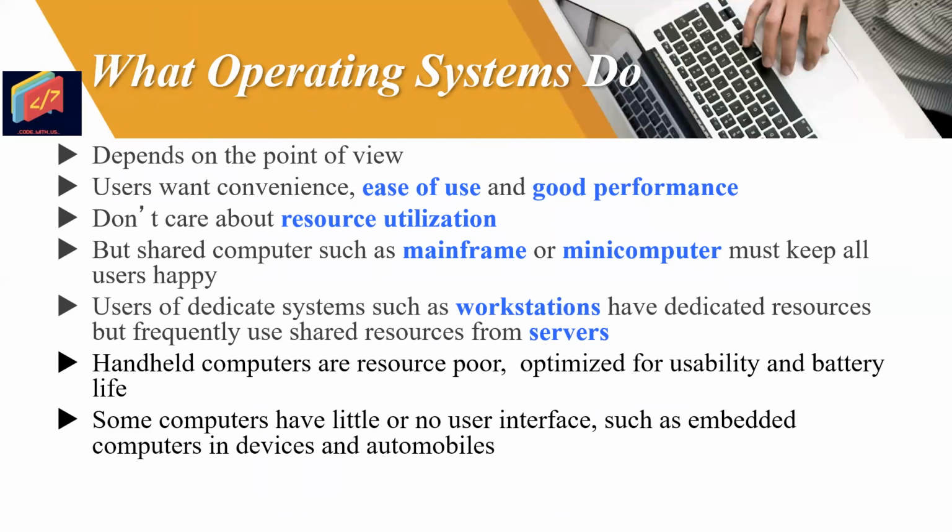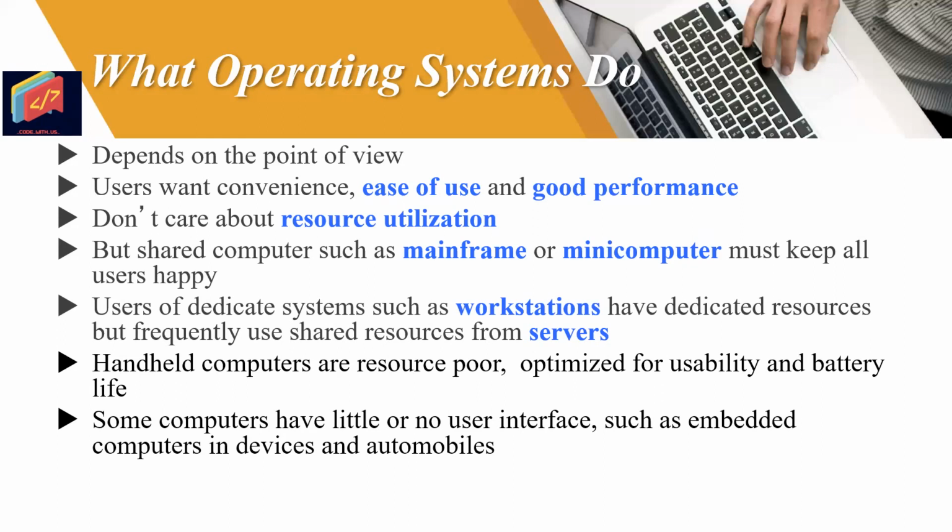Ease of use should be there and good performance should be there. The user doesn't care about resource utilization. But shared computers such as a mainframe or minicomputer must keep all the users happy.